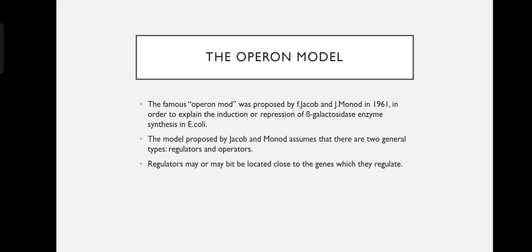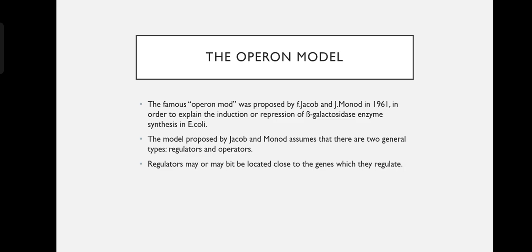The Operon model. The famous operon model was proposed by F. Jacob in 1961 in order to explain the induction or repression of beta-galactosidase enzyme synthesis in E. coli.